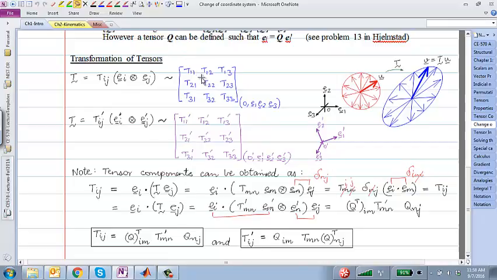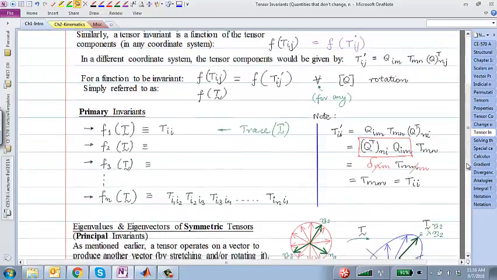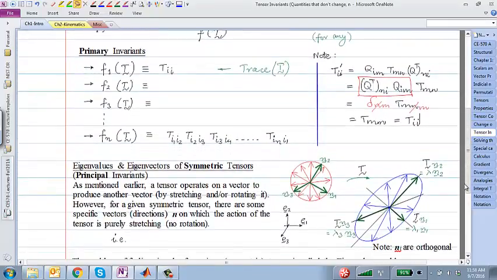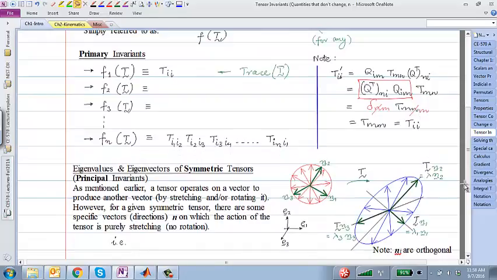So if I take the sum of the diagonals here, T11, T22, T33, that would be the same sum of diagonals as T11 prime, T22 prime, T33 prime. And that's why it's an invariant. That does not depend upon the choice of coordinate system. So hopefully I've beat that into you guys. Let's talk about a couple more invariants.